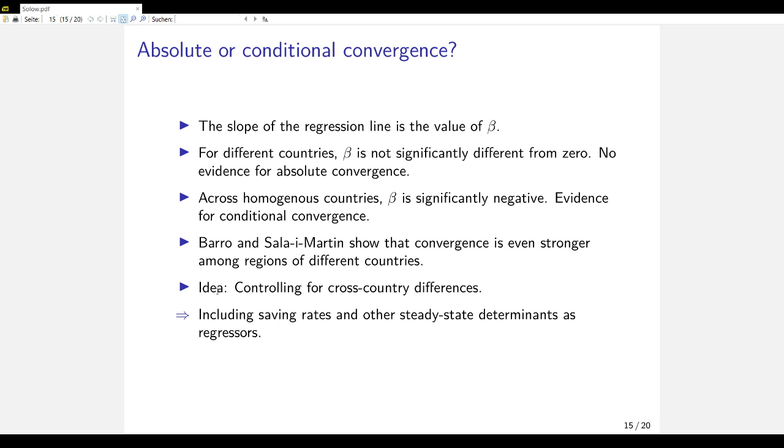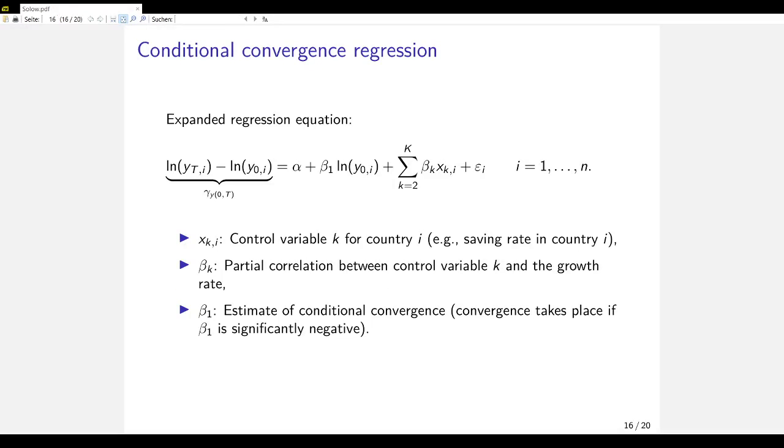So what we would do is we would take the absolute growth regression that we had previously, but include all different steady state determinants between the different countries, in particular the saving rate, which the Solow model already predicted should have effects on the steady state values. If we do this, we get an expanded or augmented regression equation that tests then indeed for conditional convergence.